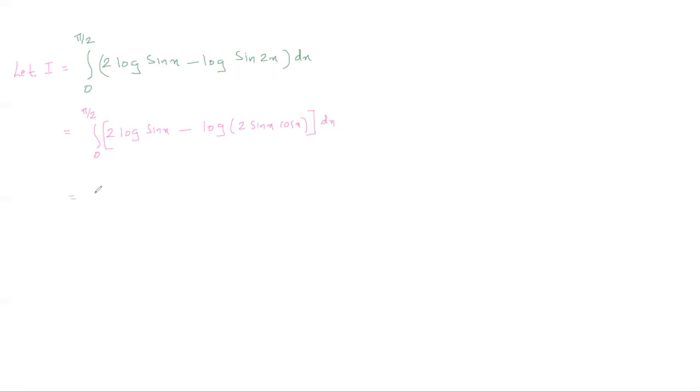So which is equal to integral 0 to pi by 2 of 2 log sin x, and here the logarithm of a product can be written as the sum of their logarithms. So that can be written as log 2 plus log sin x plus log cos x.